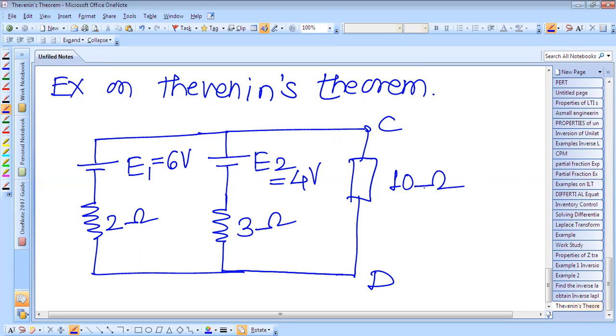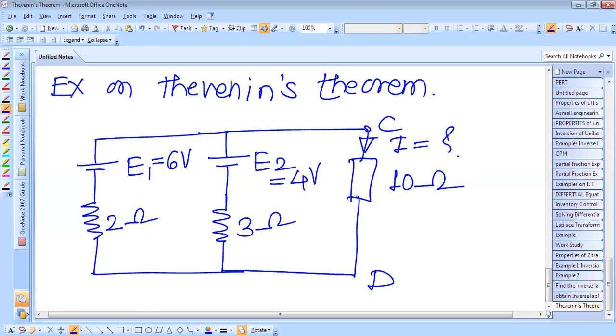So now we have to find the current flowing through this load resistance. What is the current flowing through this load resistance 10 ohm by using the Thevenin's theorem? According to that, we have to find the potential difference across the terminal C and D. So for that we have to omit this resistance.